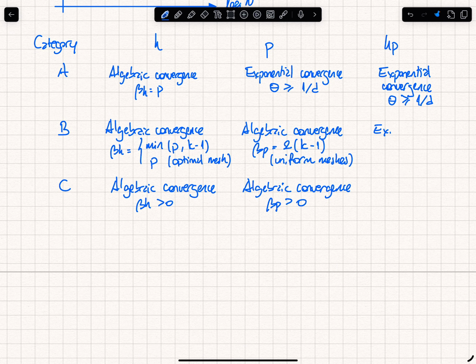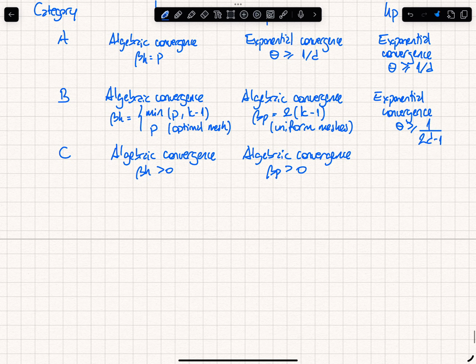We get exponential convergence with theta greater than or equal to 1 divided by 2d minus 1. And then finally, for C, we get algebraic convergence.